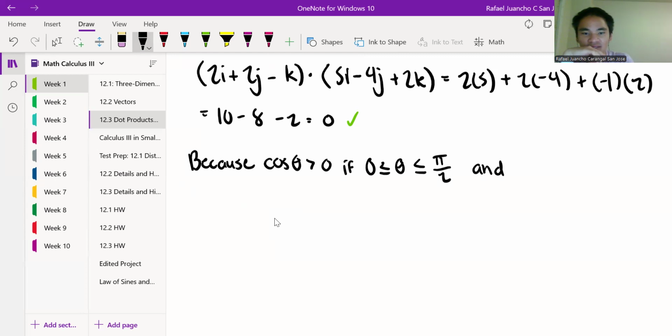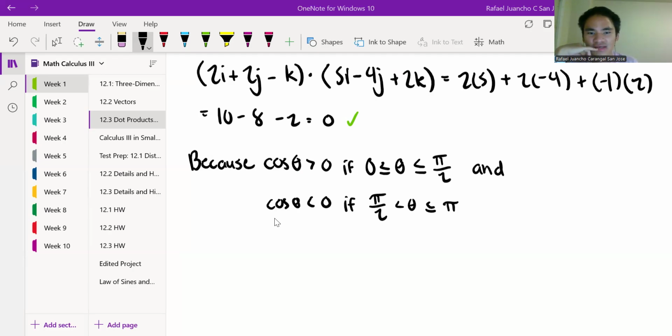And we also say that cosine theta is less than 0 if our pi half is less than theta, which is less than or equal to pi.